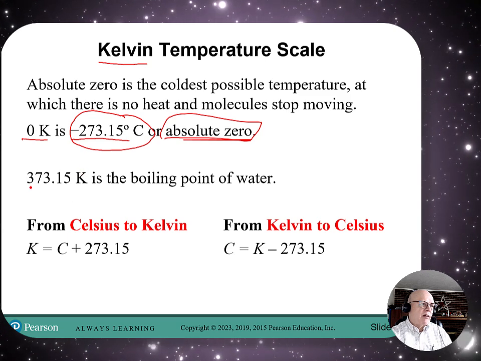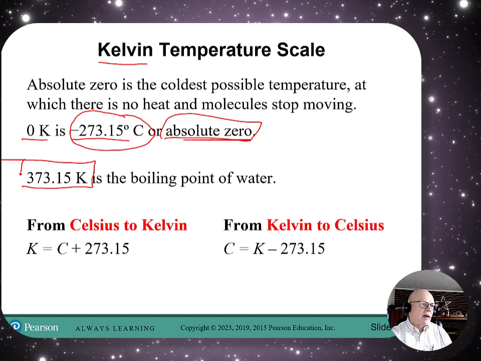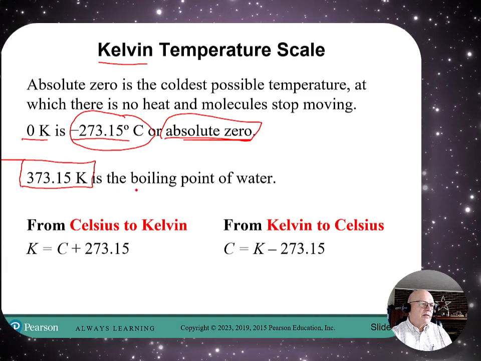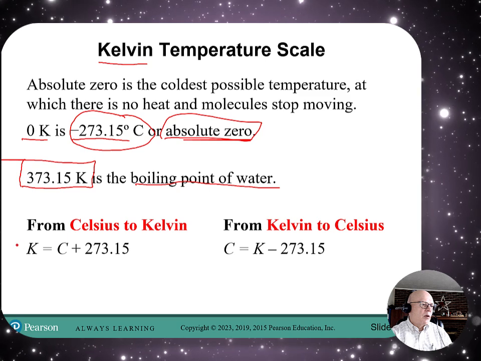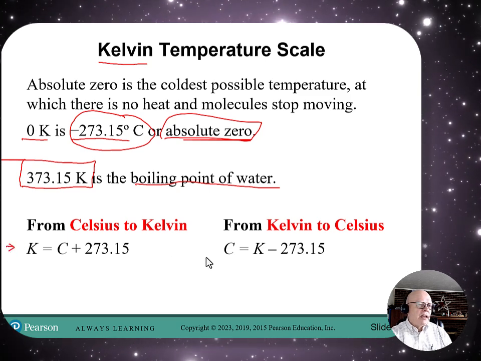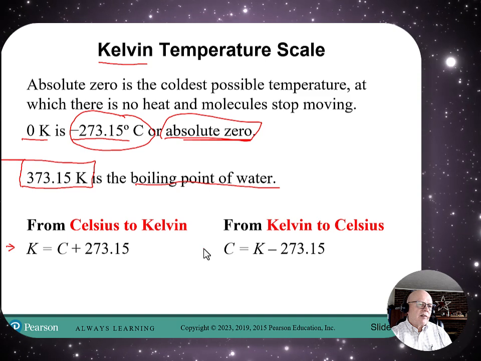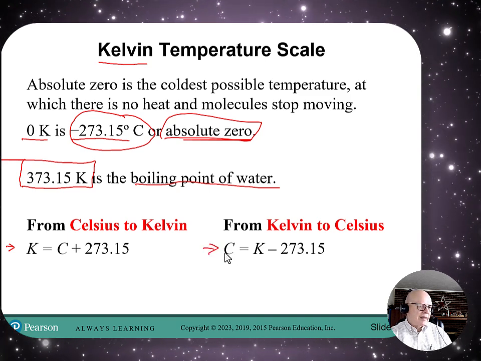If you're using Kelvin, just add the 273.15 and you get the Kelvin version of the boiling point of water. Here are the formulas. If you want a Kelvin temperature from Celsius, use this one. If you need a Celsius temperature from Kelvin, there's your formula. As easy as that.